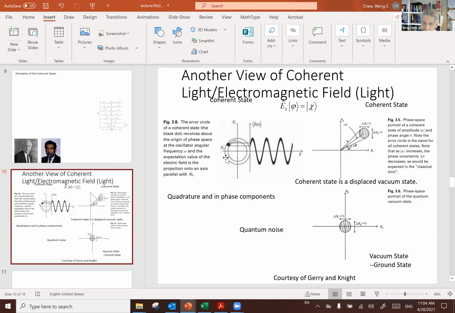So as you move this circle around, it actually maps out the amplitude not to be a perfect sinusoidal function, but a sinusoidal function with some kind of a deviation and the mean. And those are what we call quantum noise. The quantum noise can never be removed because they are part of nature.